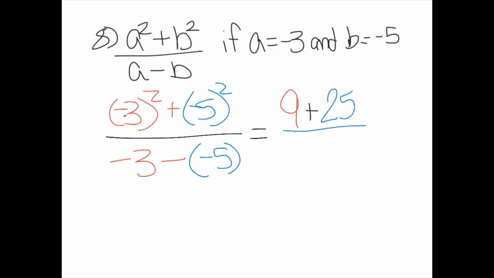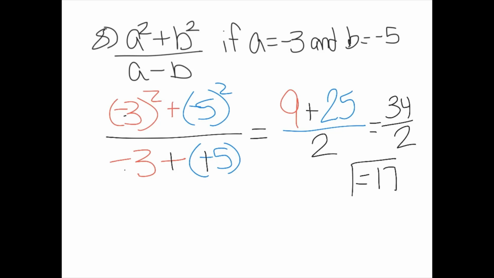Negative 3 minus negative 5: what do you think we're going to do? Add the opposite. Negative 3 plus 5 is 2. Then 9 plus 25 is 34, divided by 2, which is 17. That one had a few more steps. Remember, you have to get your numerator and denominator down to one number each, and then you divide if you can evenly.